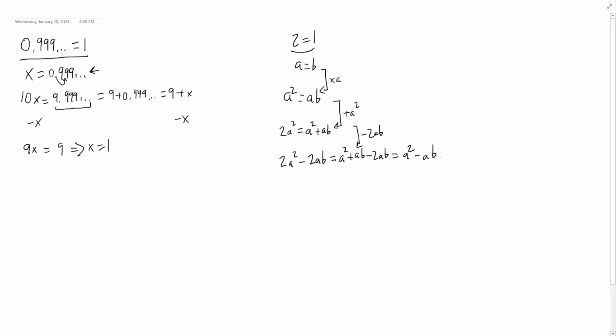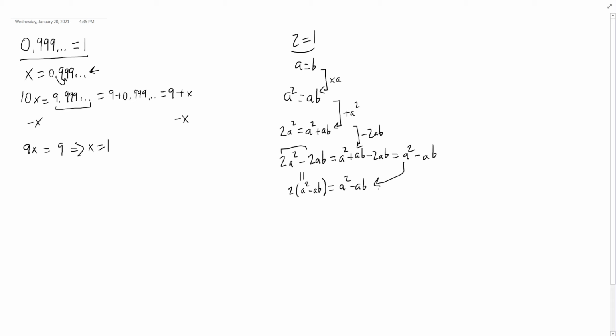So now let's look at the left-hand side. I have a common factor of 2, so let me factor that out. We get 2 times (a squared minus ab) is equal to, well, a squared minus ab from over here.